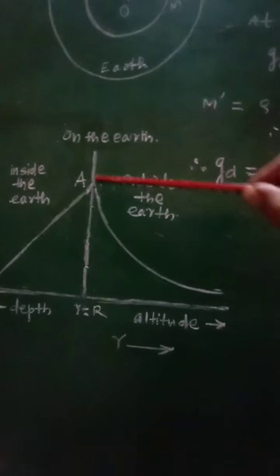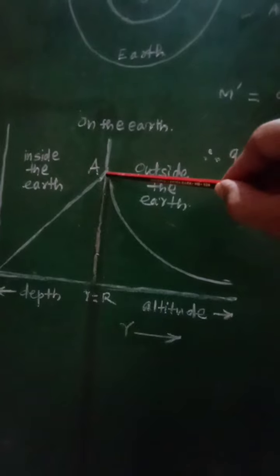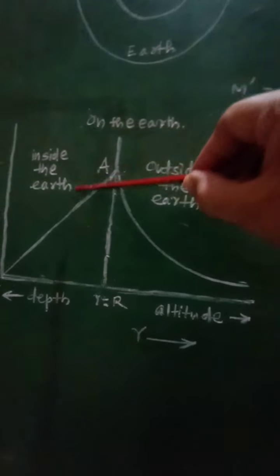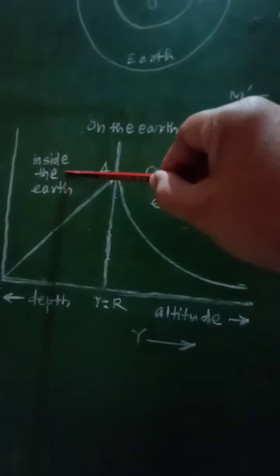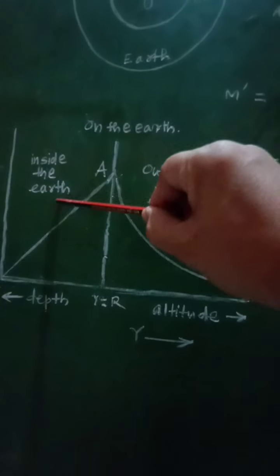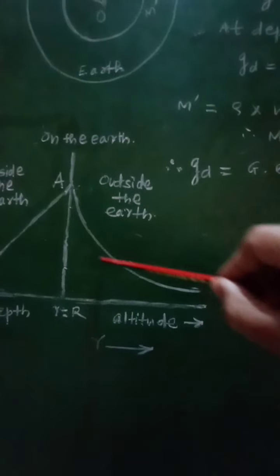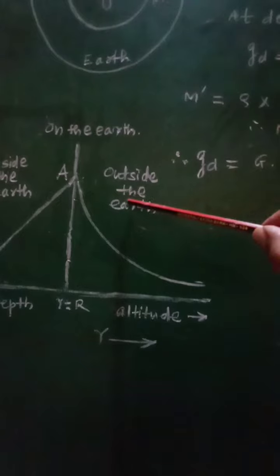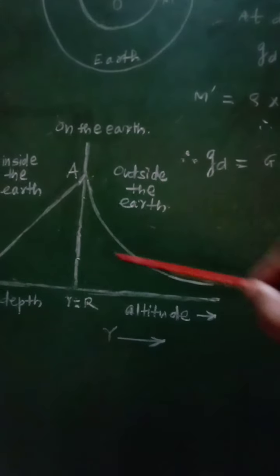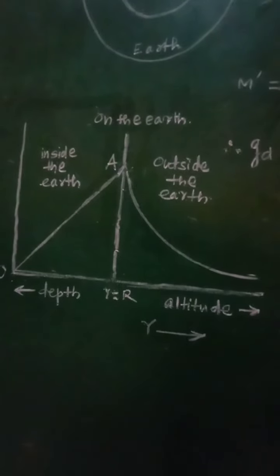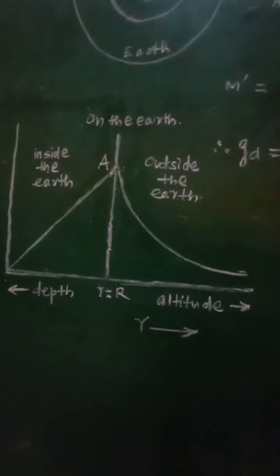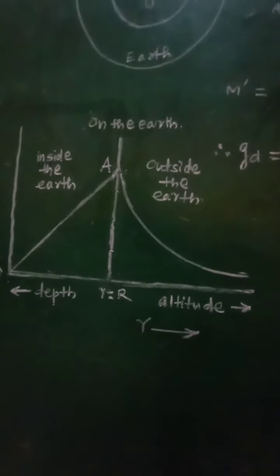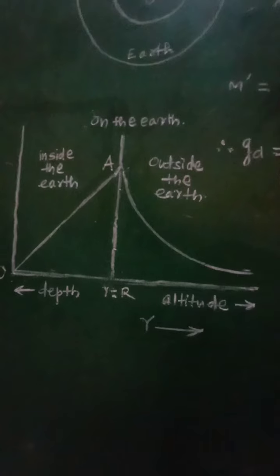This represents the acceleration on the earth's surface, this represents the acceleration inside the earth, and this represents the variation of acceleration due to gravity outside the earth. So this is the graphical representation of acceleration versus altitude and depth.